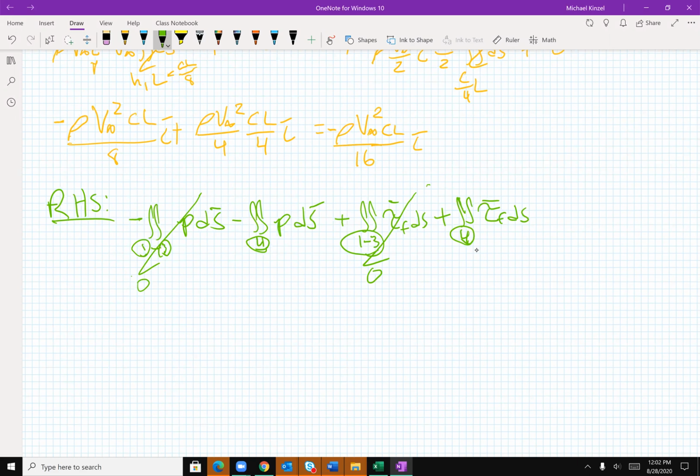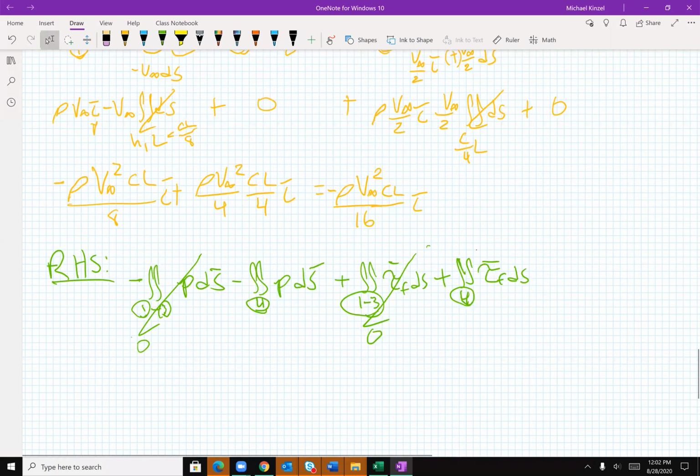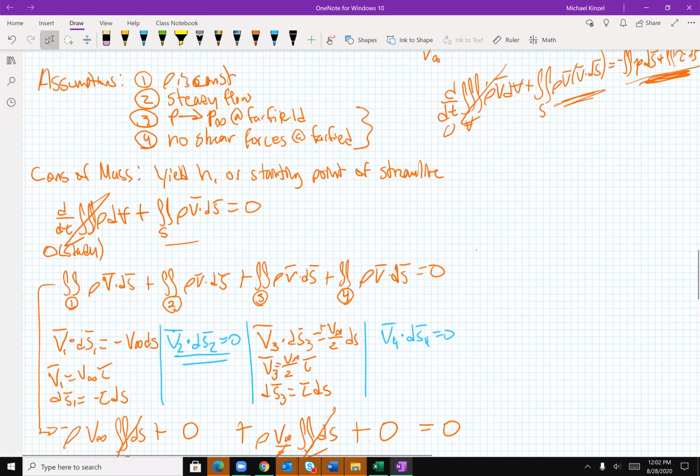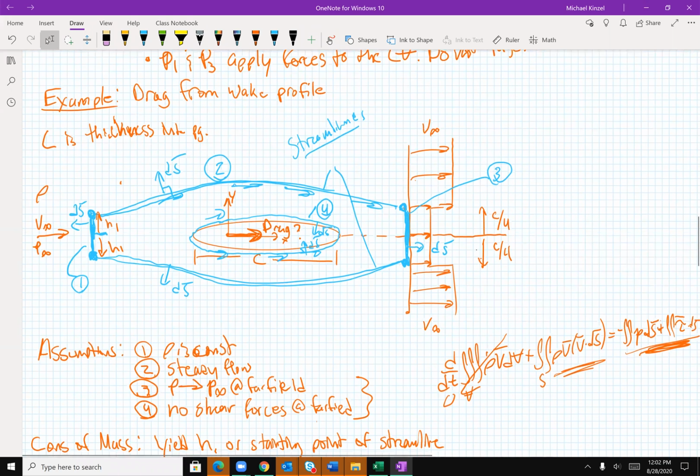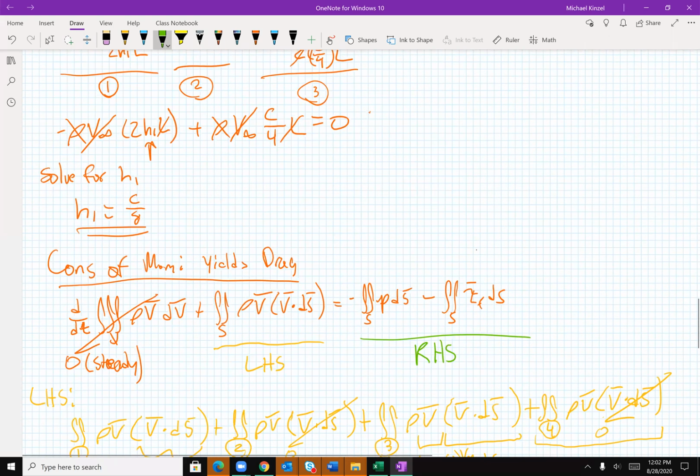What does not go away are the pressure and shear forces on surface 4. What are those? That is our body of interest.